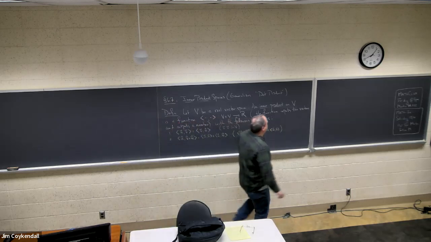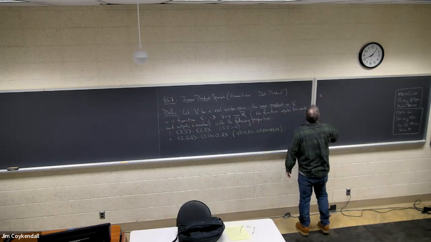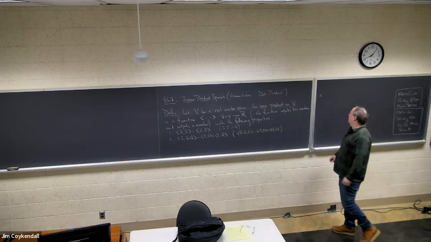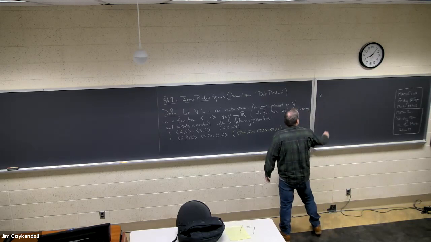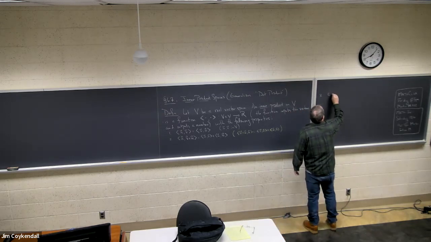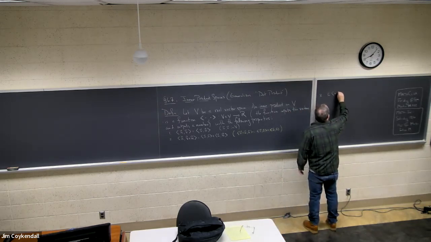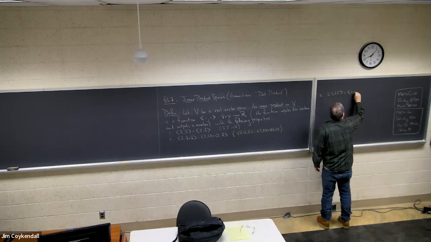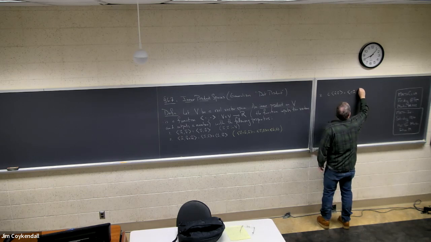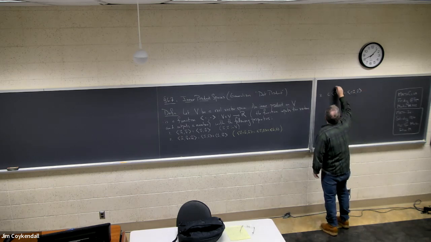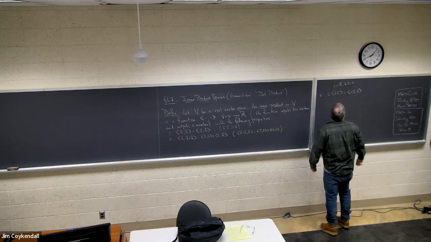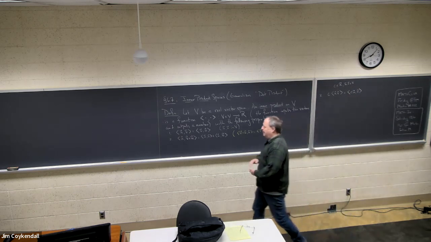Number three, I want the inner product to play very nicely with constants. A constant c comes out of the product: the inner product of cu and v equals c times the inner product of u and v, where c is in R and u and v are vectors.